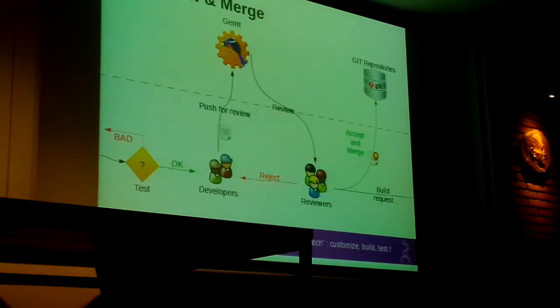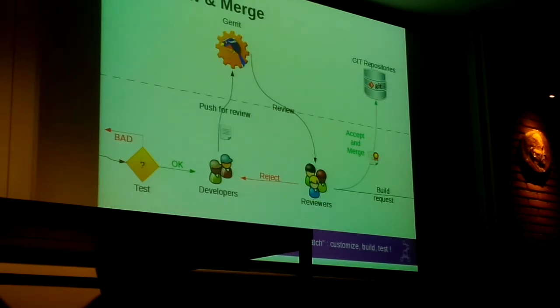On the next slide, this is quite related to what Dominic said before about the pyramid, where you have developers, reviewers, integrators, maintainers, etc. We have some other people that are the reviewers.